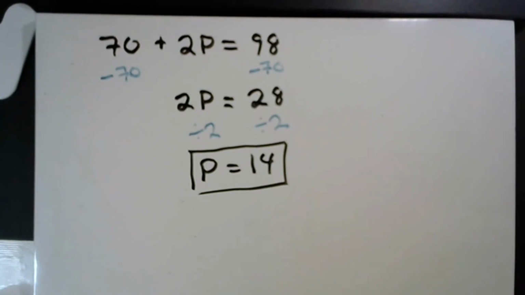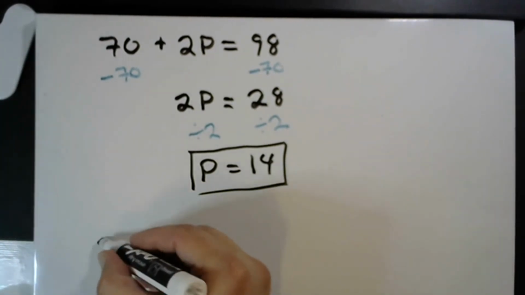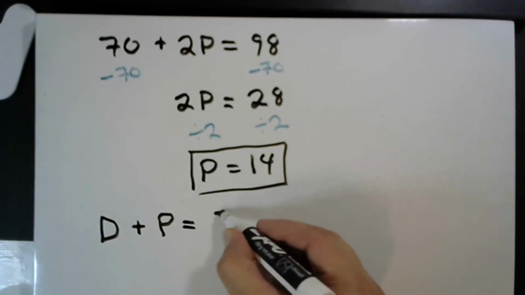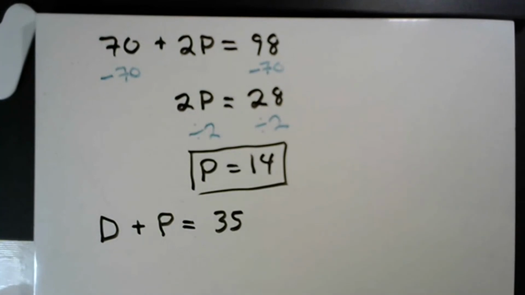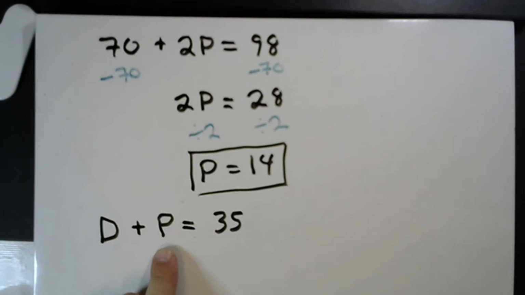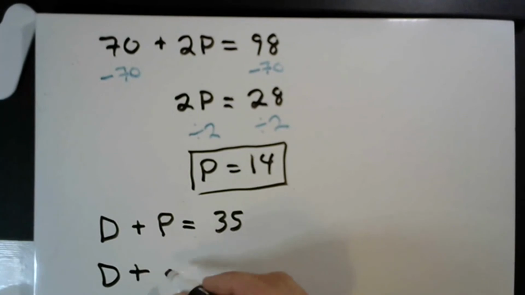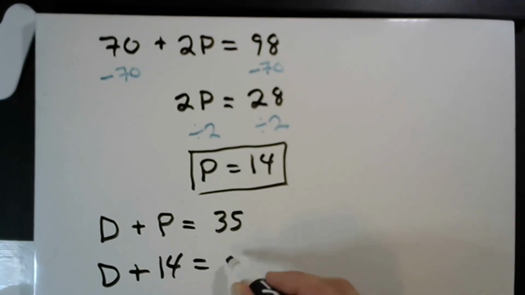Well, we're not done. We know pigs. We also need to know ducks. So let's go back to this first equation. Ducks plus pigs is 35. We substitute for p, replace p with 14. Ducks plus 14 is 35.